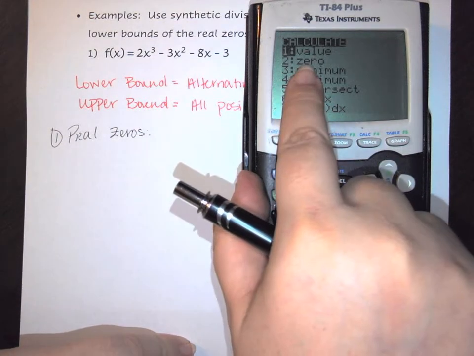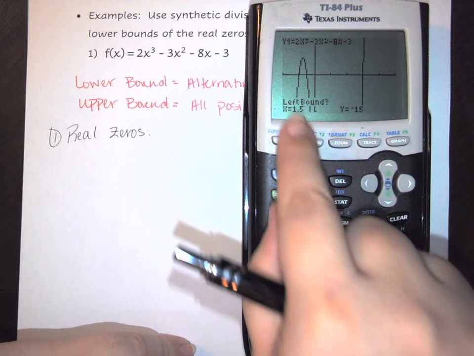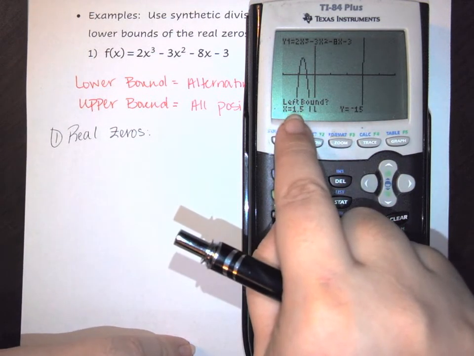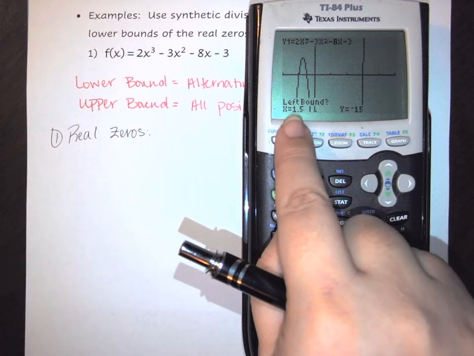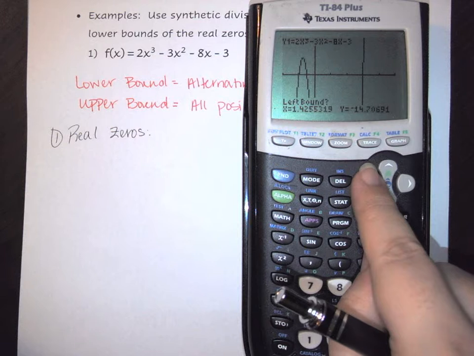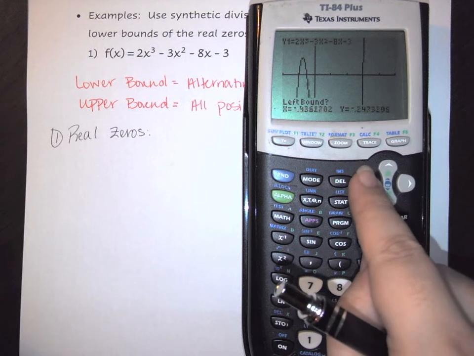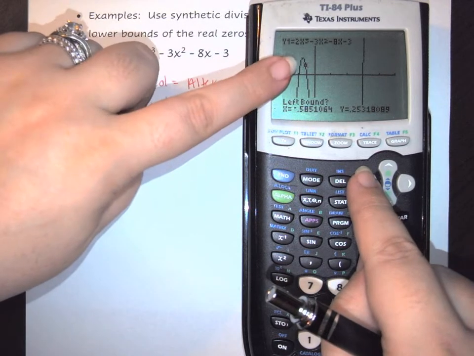It's asking me for the left bound of my potential zero points. So we're going to start with one of them. You can see the little blinking X, and we want to bring that over so that it's on the left hand side of the first zero that we want to look at.